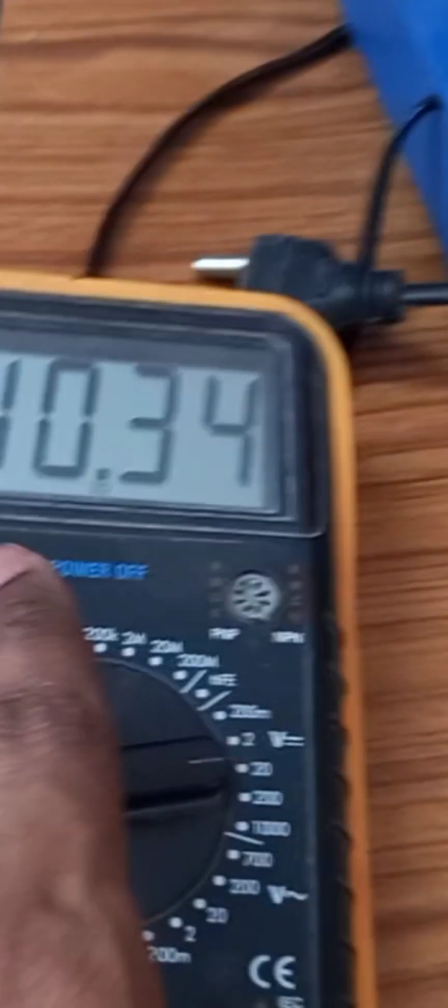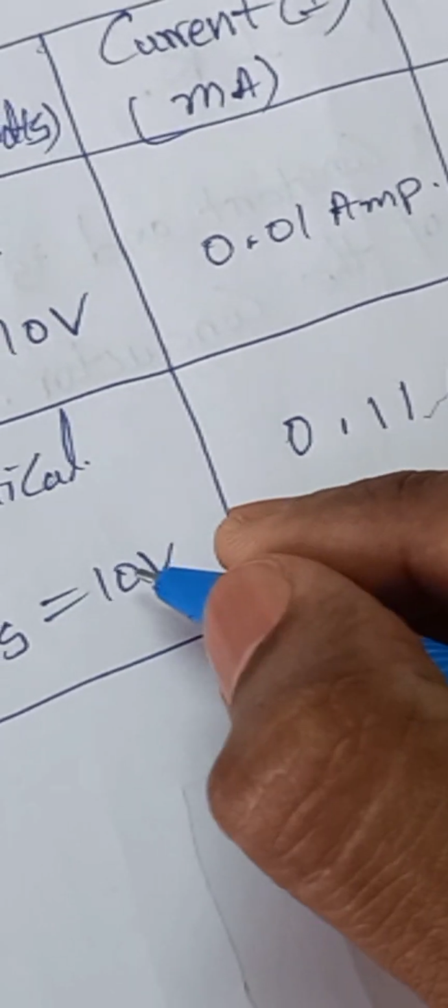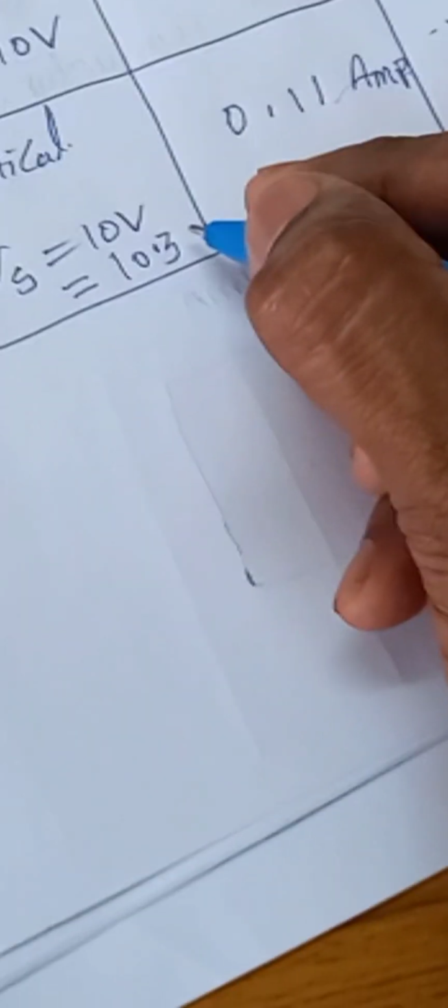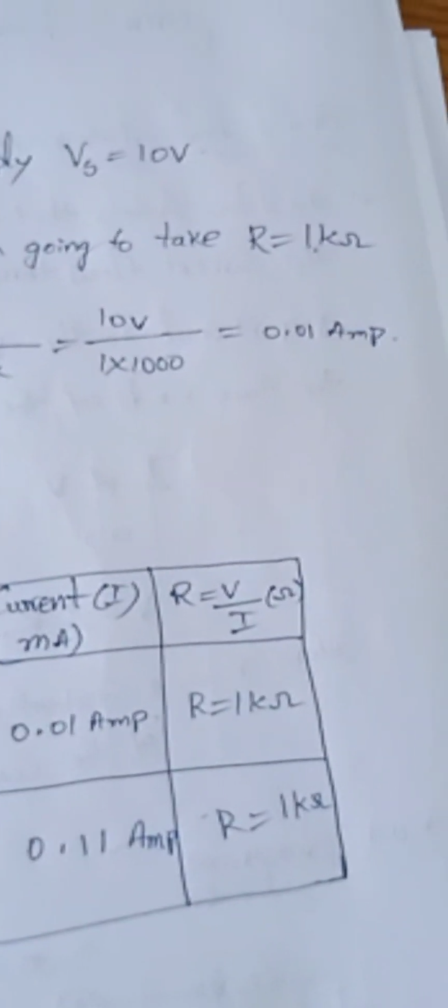What we got here is the practical voltage across the resistor: 10.31 volts. So theoretically the source voltage we took is 10 volts, but across the resistance we got 10.31 volts. Okay, so it is theoretically and practically verified and proved.